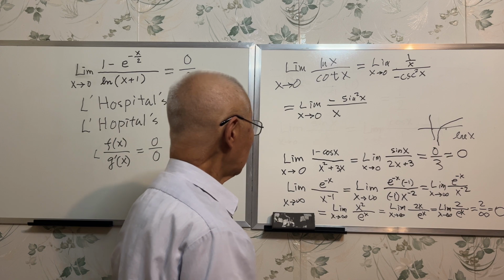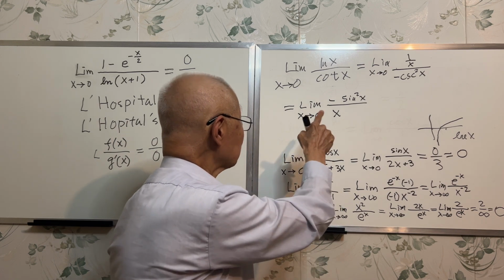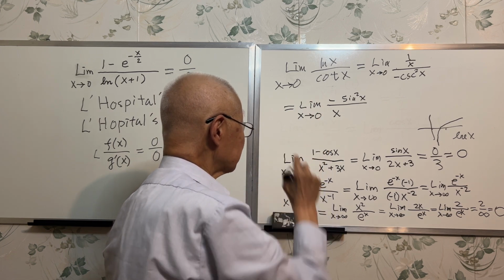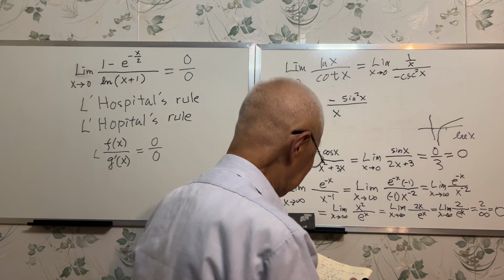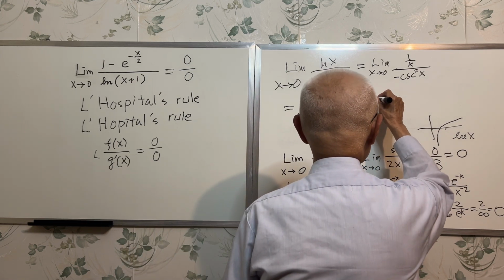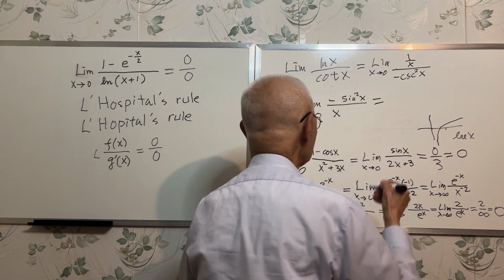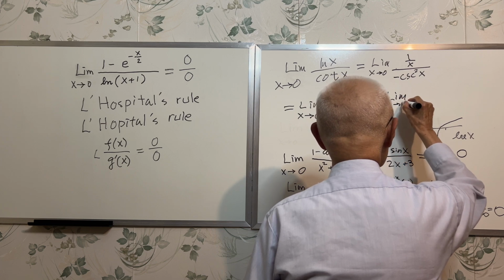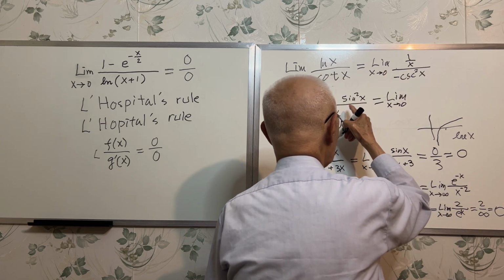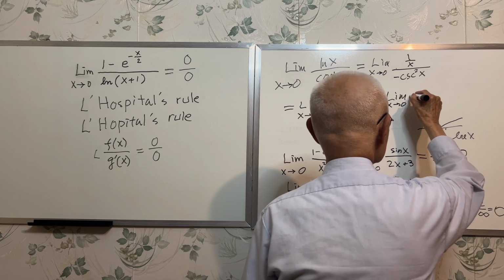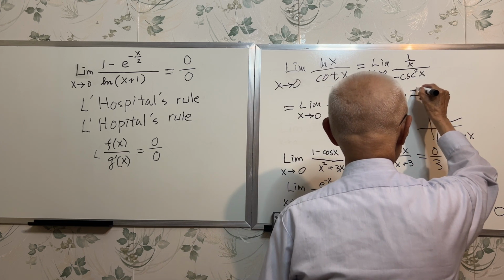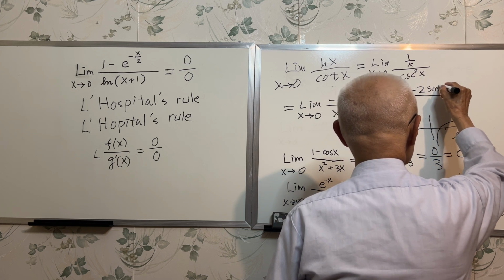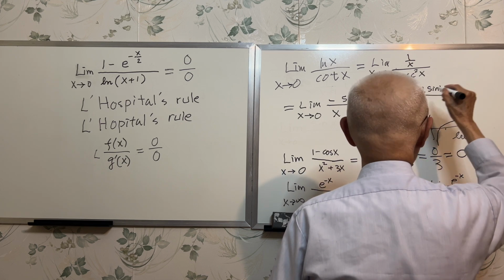Okay, let's do the limit. When x goes to 0, sine 0 is 0, and the denominator is 0. So you have 0 over 0 again. So you have to apply the L'Hopital rule again. The derivative of the numerator, negative 2 sine x, and the chain rule.